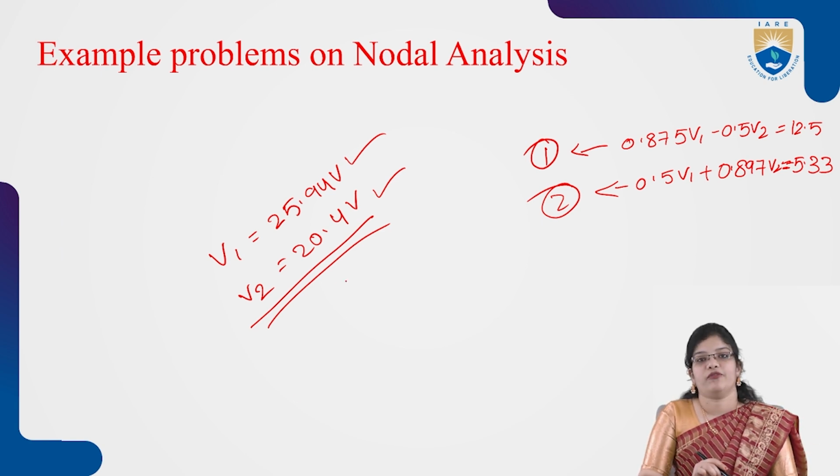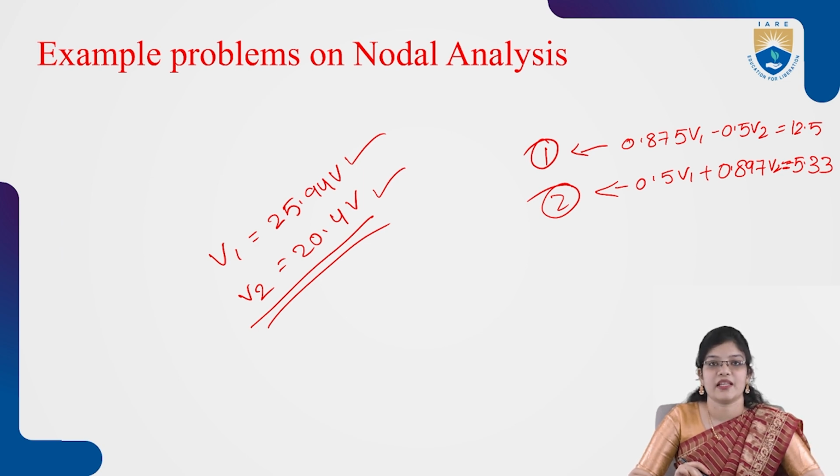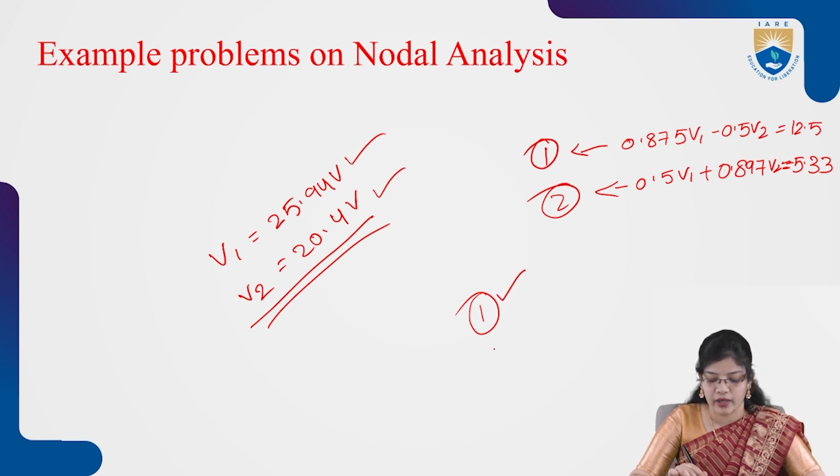So in this way, we have to calculate the node voltages by using nodal analysis if we are having more than one node. In the previous class, I told you how to calculate the node voltages if we are having one node. One should be taken as actual node and the second one as reference node.